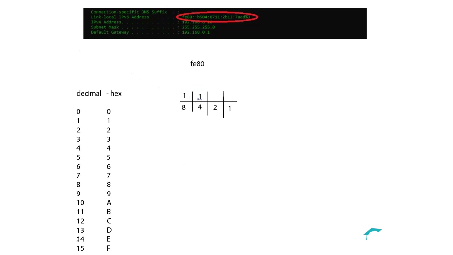And since F is the largest value and equals 15, we can just add ones for the last ones. So now we know that the first binary set of this hexadecimal group is going to be 1111, corresponding to the F, and then we can do that for each of the values.